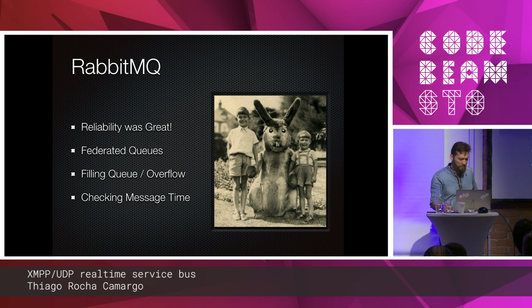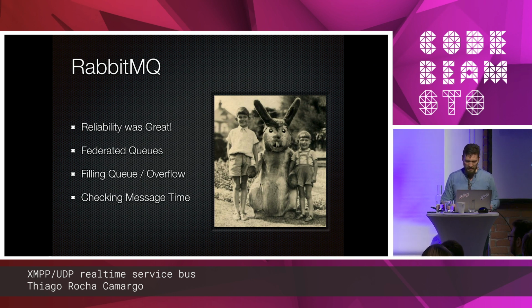We did have problems with filling queues, so the consumers were not always taking things out of the queue fast enough, and then they kind of overflow. You can set up limits for that, but it just complicates things, and in the end we have the annoying message time checking. Everything that arrives I have to check, because it could have been there for 1 hour, for 5 minutes, for 1 minute, and I'm interested in 200 milliseconds.